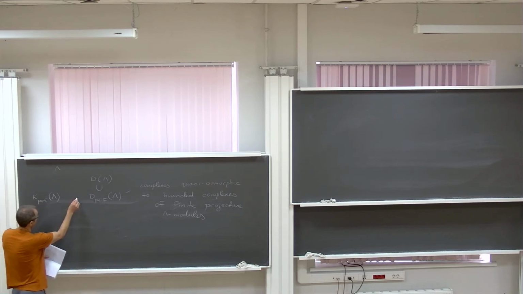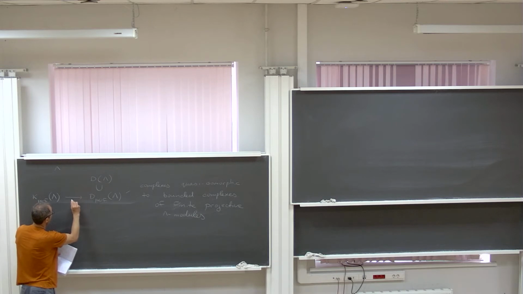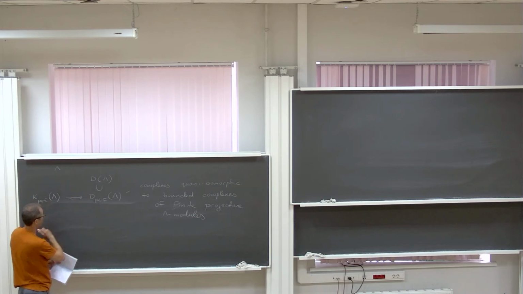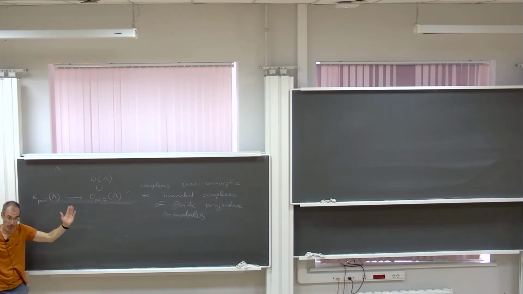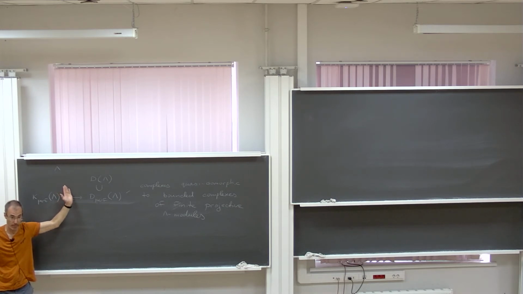And in fact, the canonical arrow here is an equivalence of categories, right? So very explicitly, you can think of perfect complexes of lambda modules just as finite complexes of finite projective modules where morphisms are chain morphisms up to homotopy, right?